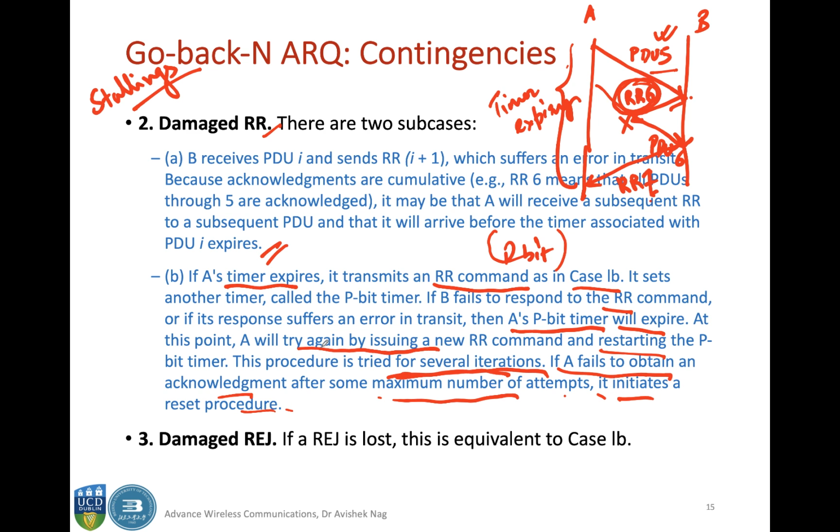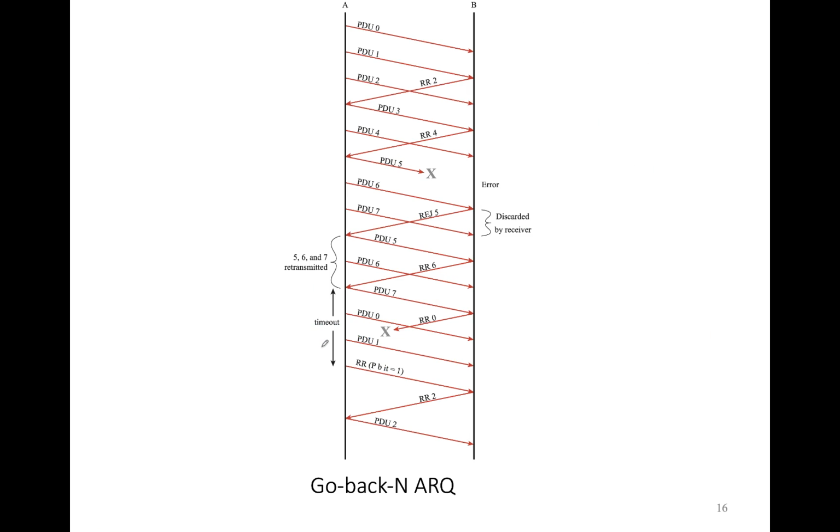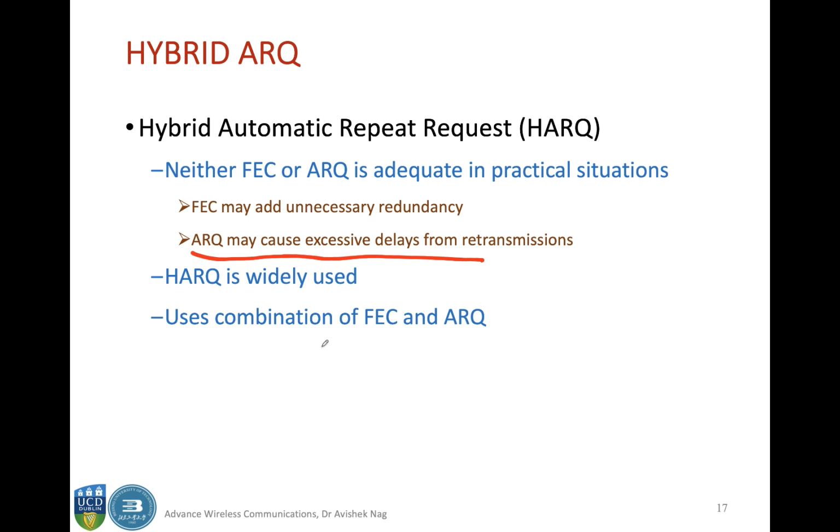So you see there is a lot of delay associated with the ARQ process. You are sending something, and if that is received with no errors, you are fine, but if there are errors, then you have a lot of retransmissions, a lot of waiting, and that may cause excessive delays.